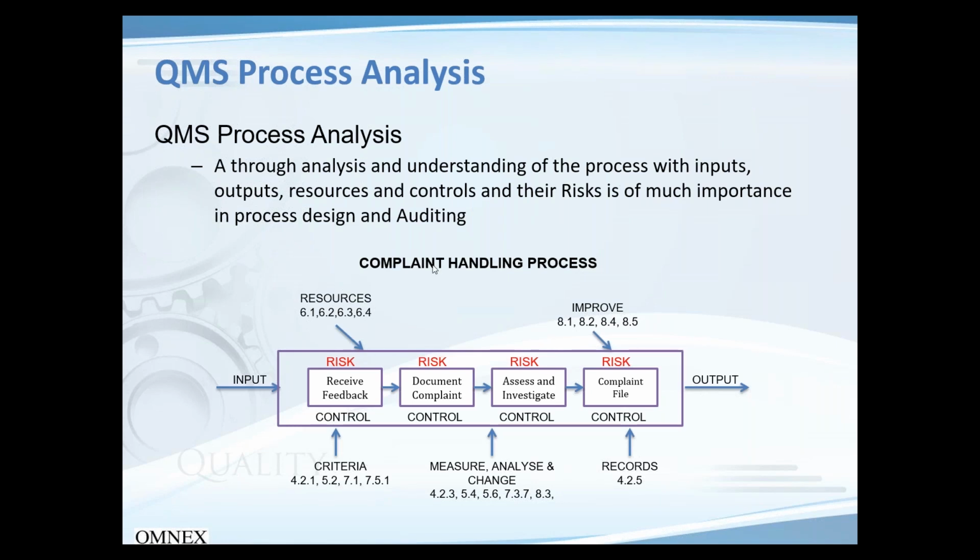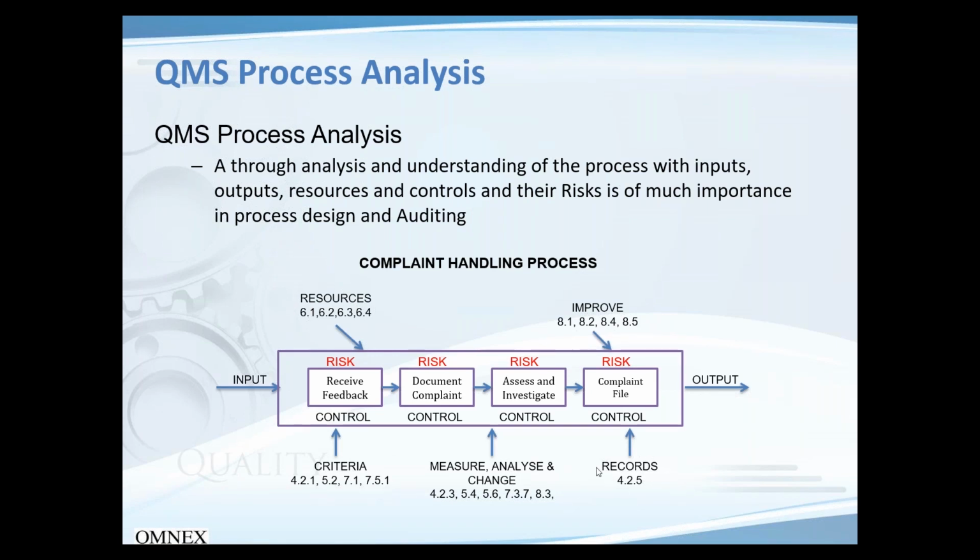And we also have the resource requirements, the competency requirements for the people handling the complaints, and the ISO 13485 requirements, and how we are going to improve the process, what criteria we have to meet in the complaint handling process, how we can monitor, measure, and improve, and what kind of records need to be kept.